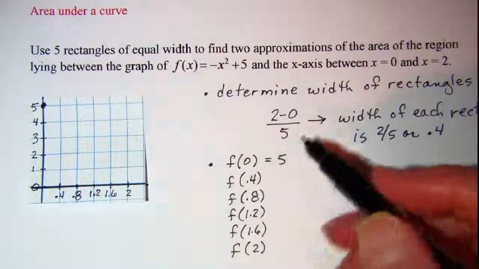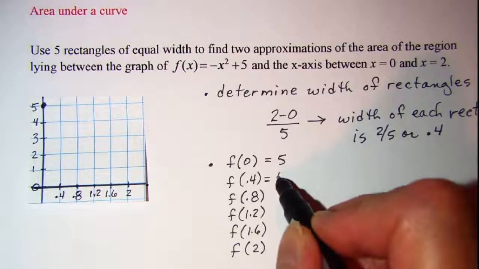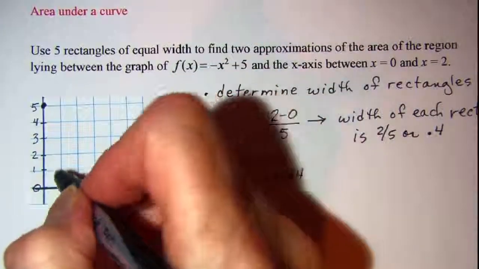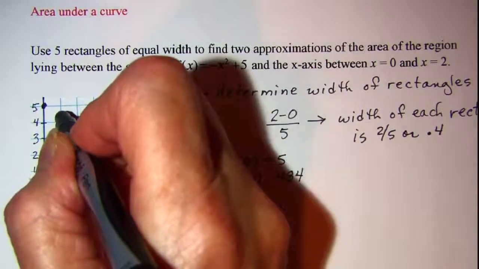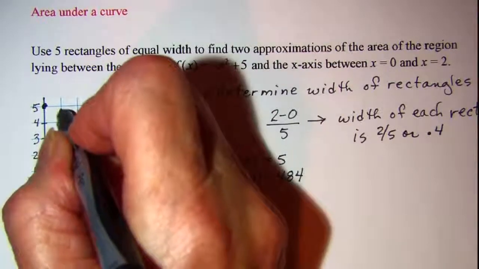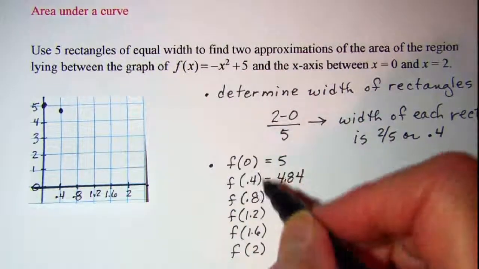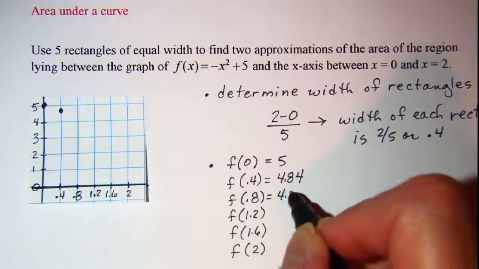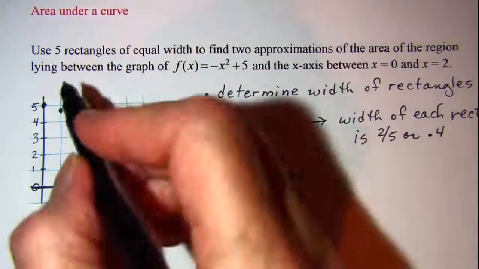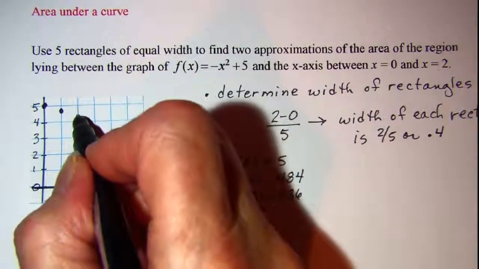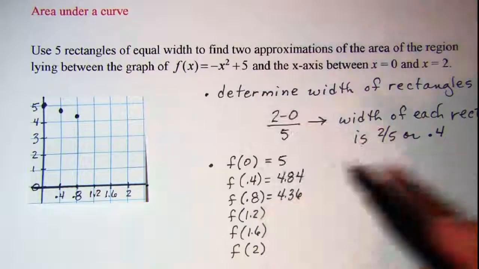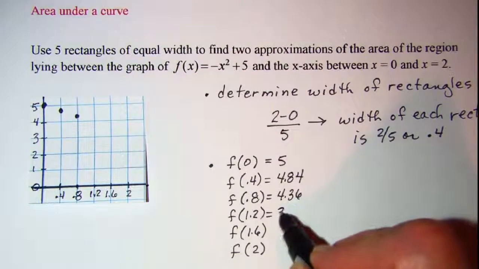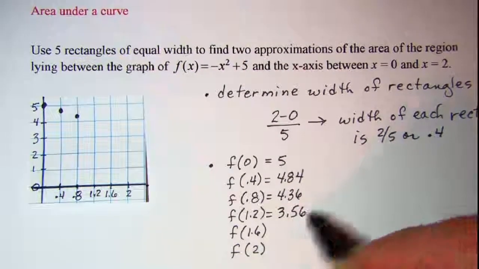F of 0.4 is 4.84. So about here. F of 0.8 is about 4.36, which is about here. When x is 1.2, we have about 3.56.